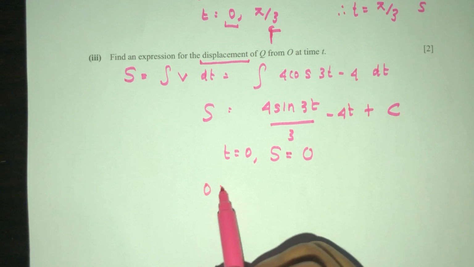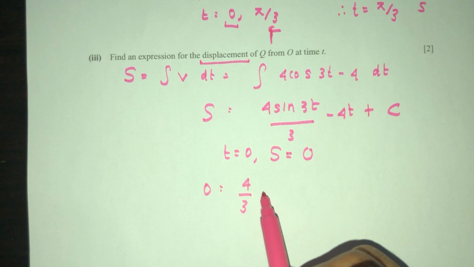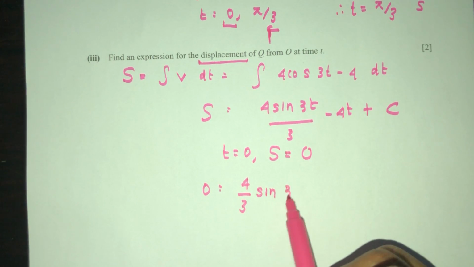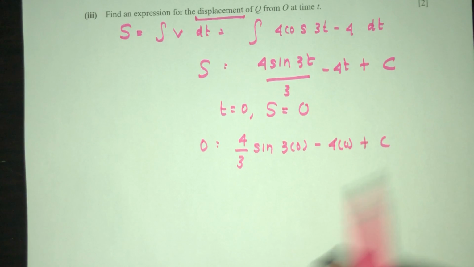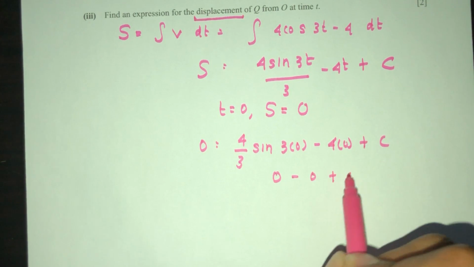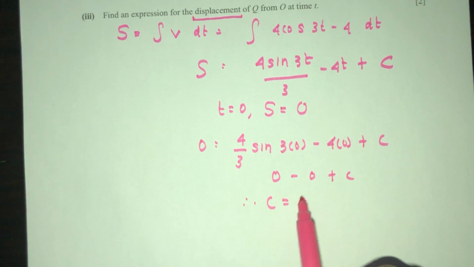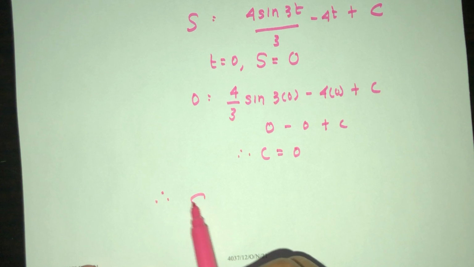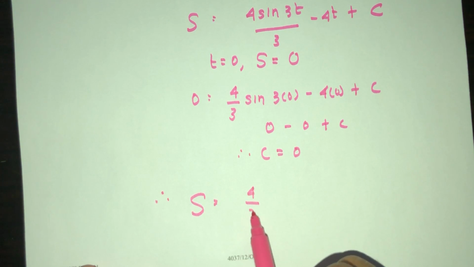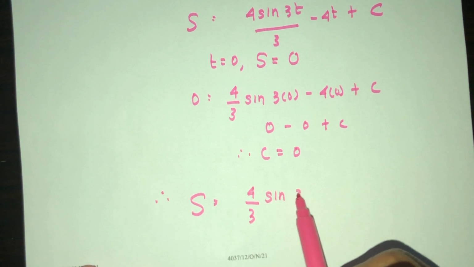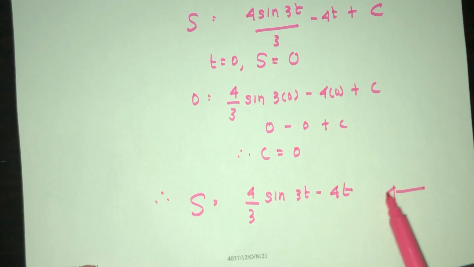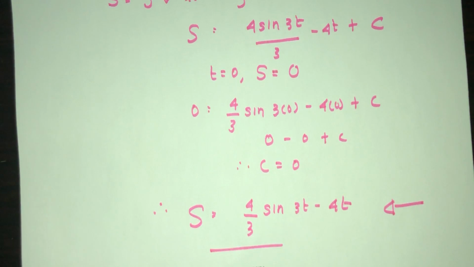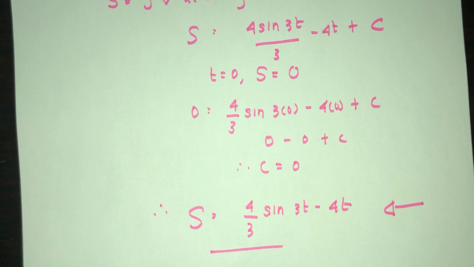You will have 0 here. 4 over 3 sine of 3 times 0, minus 4 times 0, plus c. So you have 0 minus 0 plus c. So c will be 0. So finally, s will be 4 over 3 sine 3t, minus 4t, and that will be your answer for s in terms of t for the particle Q.